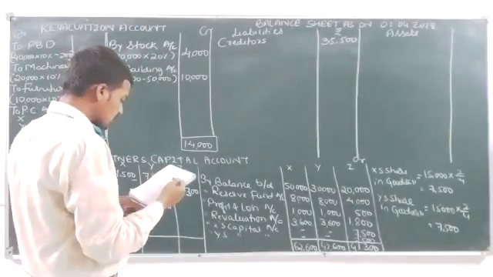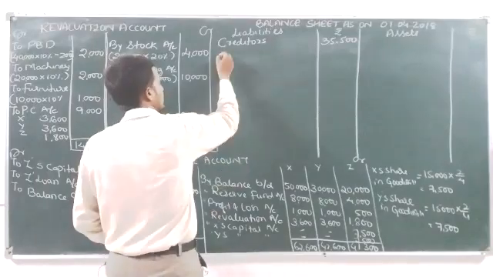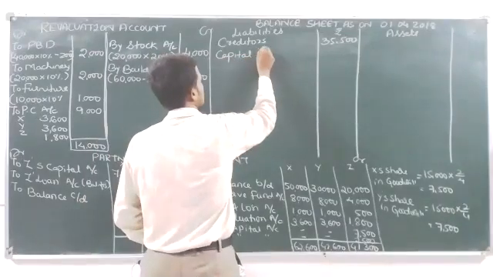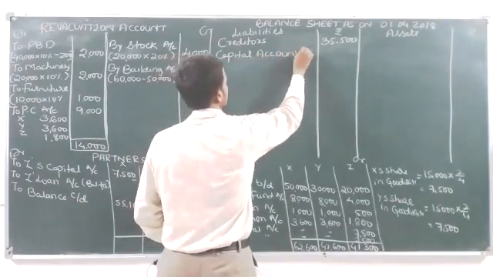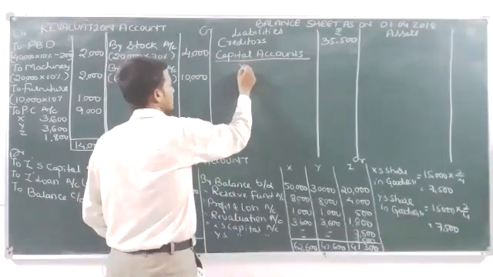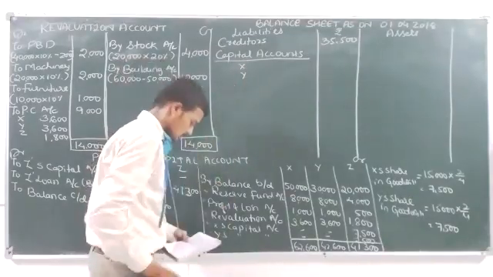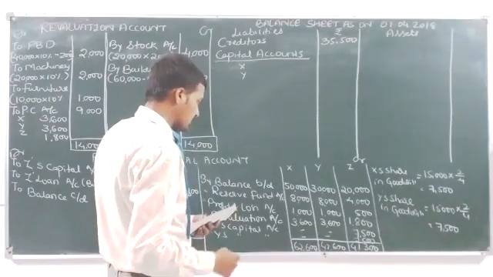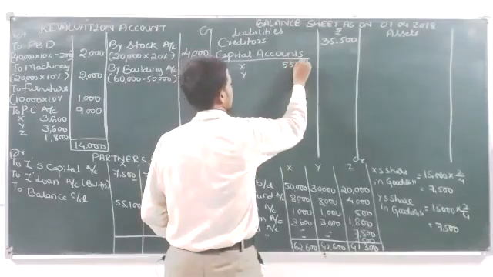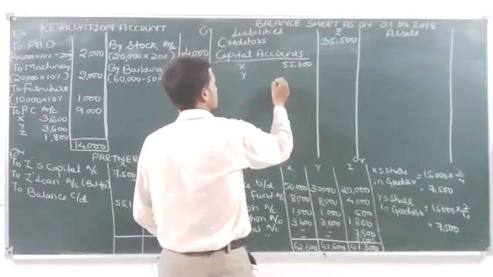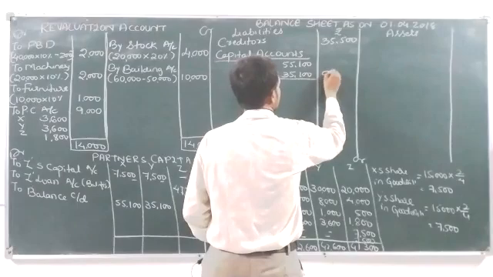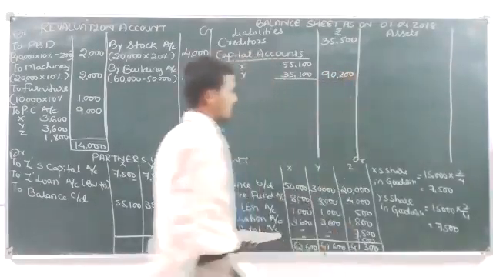The next is after creditors, directly we need to come to capital accounts. In that X, Y. X we got I think 55,100 and Y 35,100, that comes to 90,200.